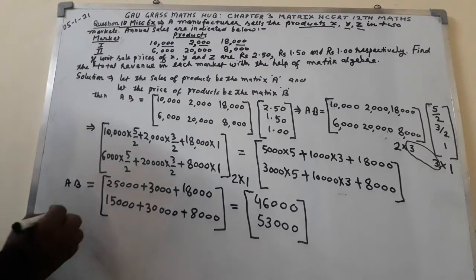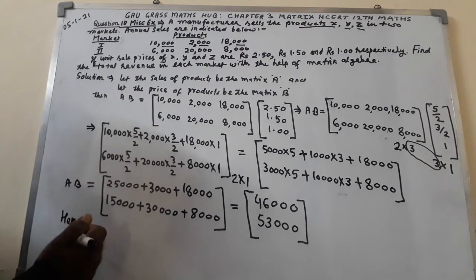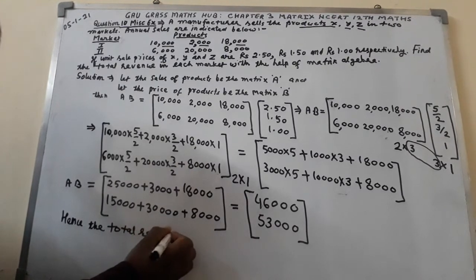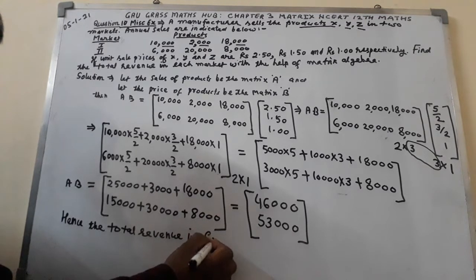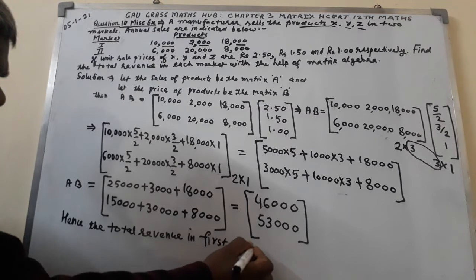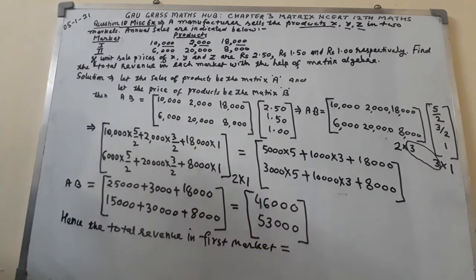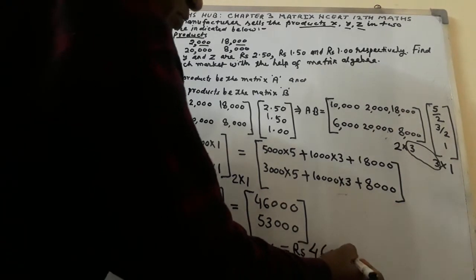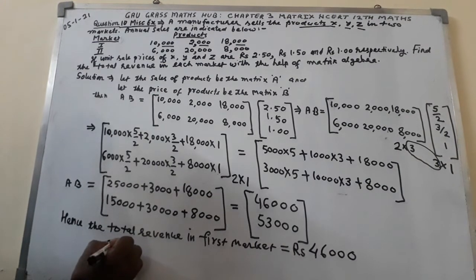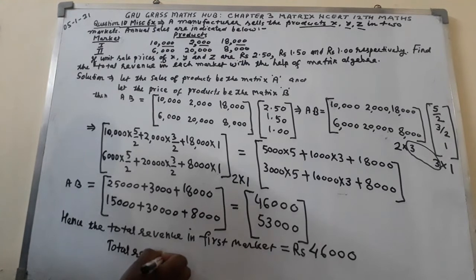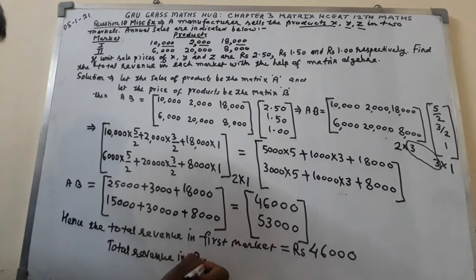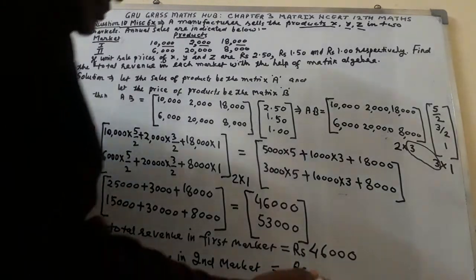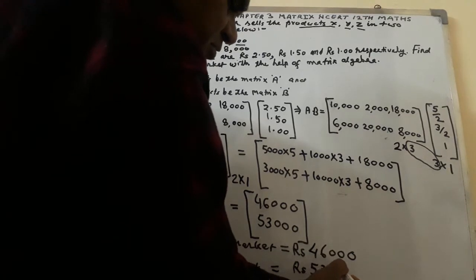Hence, the total revenue in first market is equal to rupees 46,000, and the total revenue in second market is equal to 53,000.